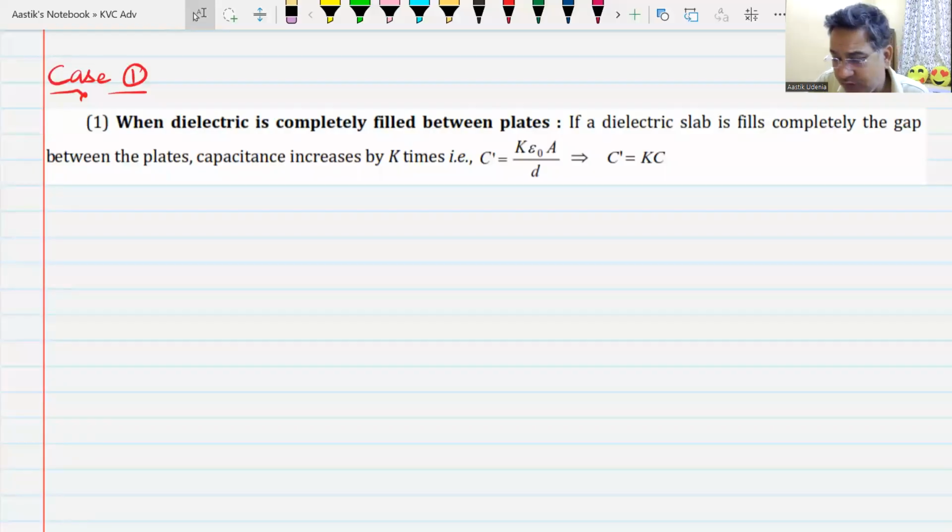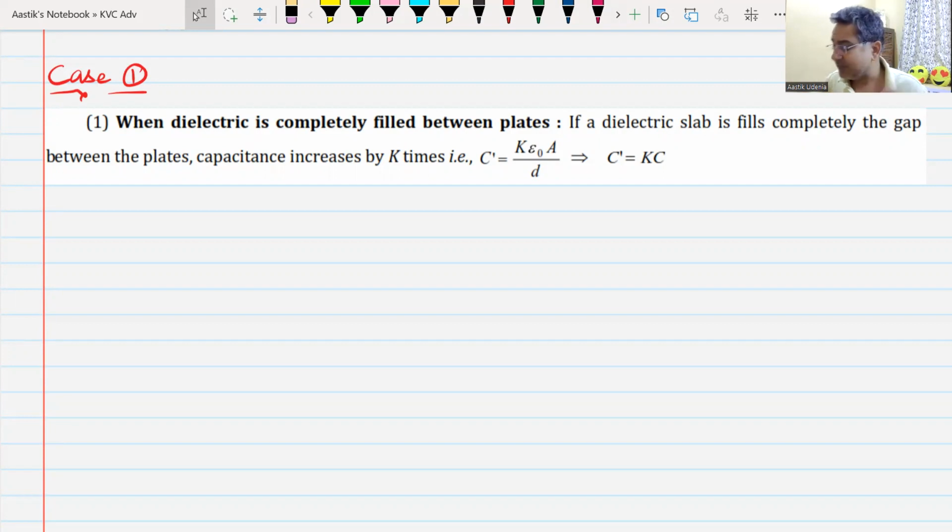Yes, sir. When a dielectric is going to be inserted inside a capacitor, the dielectric can fill the entire space inside the capacitor, which we had just seen, or it can fill the space partially. We'll first see the case when the capacitor is completely filled up with a dielectric.